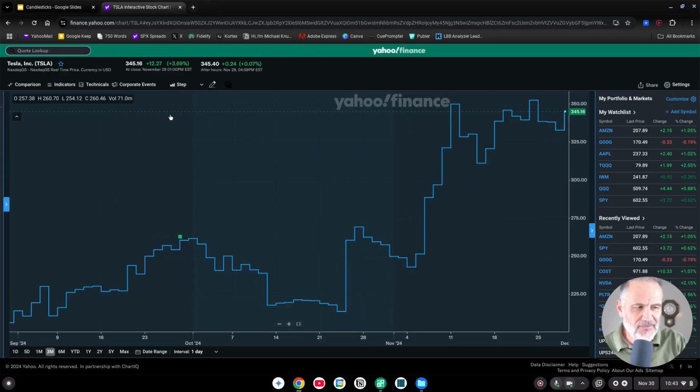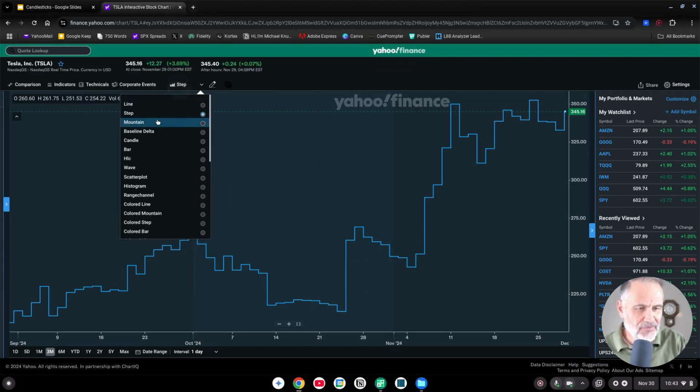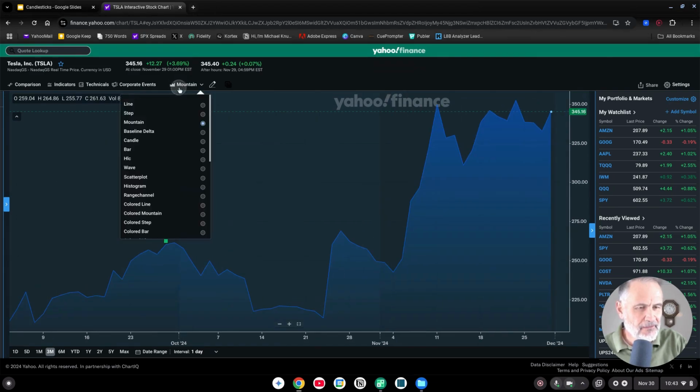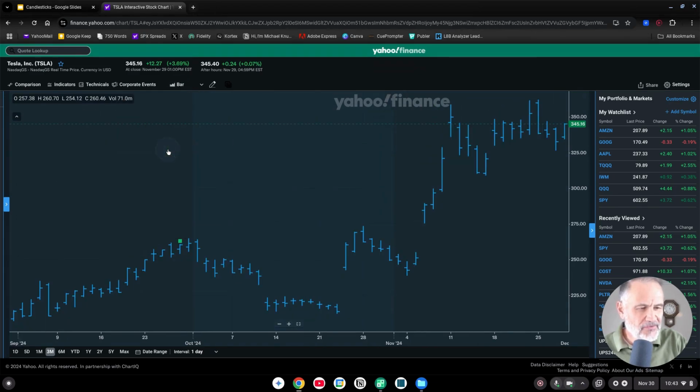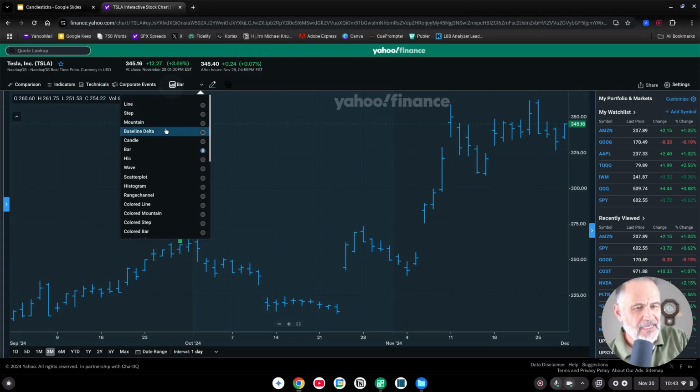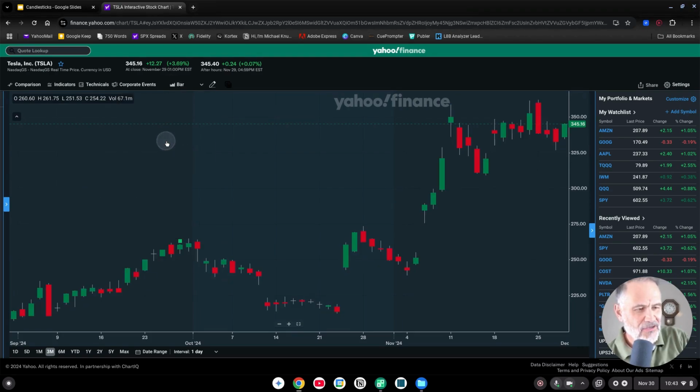You can see the pricing as a step ladder like this. You can view it as a mountain. You can look at bars, but probably the most popular now for short-term and day traders is the candle option, what we call Japanese candlesticks. So we'll select that view.